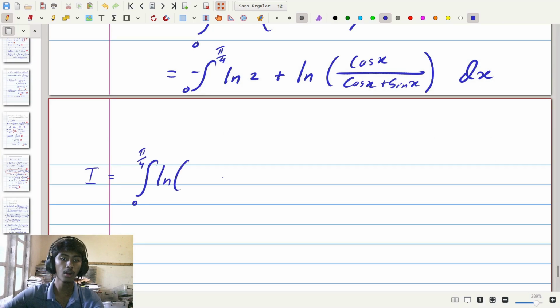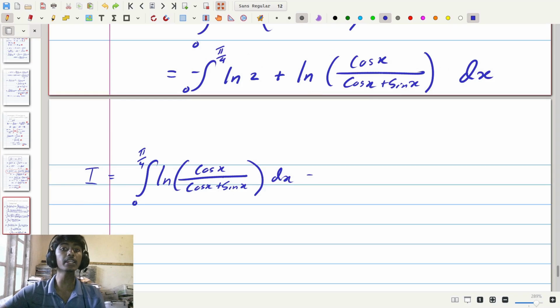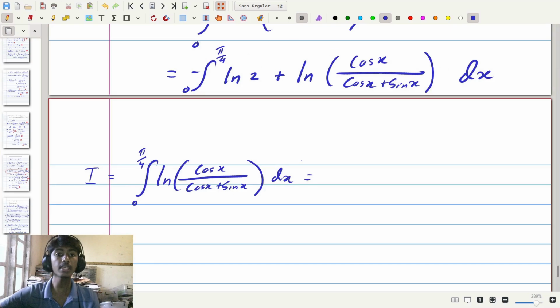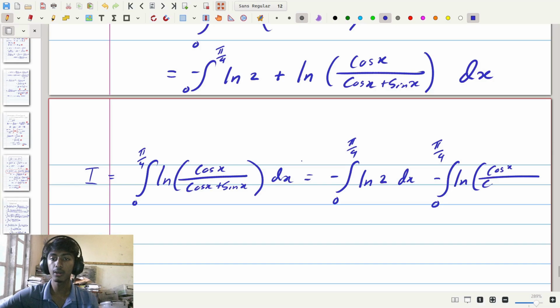I'll write logarithm of cos x divided by cos x plus sine x, but it's also equal to this other thing here, which if I take this minus and this part and break the integral into two pieces like so, we can see it is equal to the negative integral from 0 to pi by 4 of the natural logarithm of 2 with respect to x minus this other integral, which is the integral from 0 to pi by 4 of the natural logarithm of cosine of x divided by cosine of x plus sine of x integrated with respect to x.